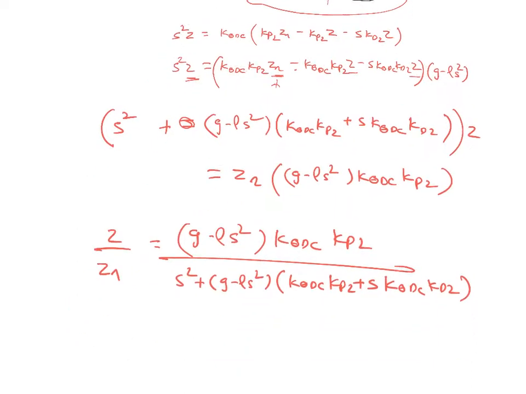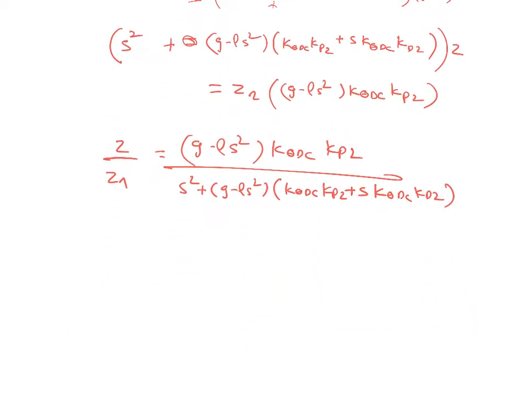We can do some more simplifications, right? The next idea is to separate the S square coefficient, S coefficient, and constant coefficient. Basically, I'm more interested in the denominator because that's what we compare to choose the gains, right? So we have S square term here, S square term here.